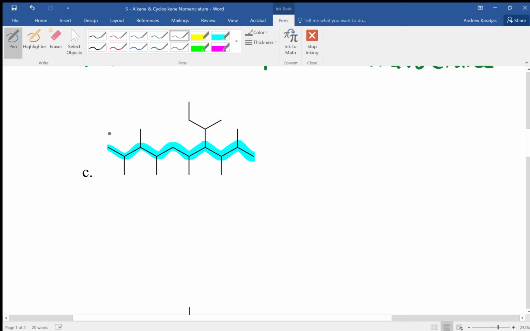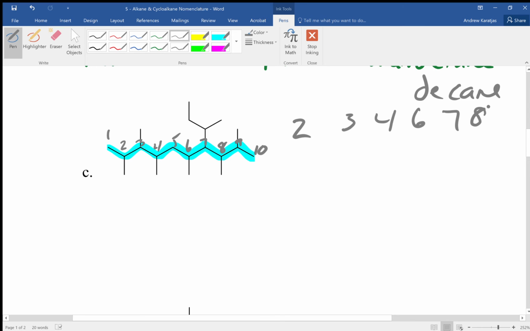So we're going to write out all the numbers. So going left to right, I'm doing it in gray. This also shows that we have 10 carbons here. We're dealing with decane. But in gray, we have substituents 2, 3, 4, 6, 7, 8, and 9.